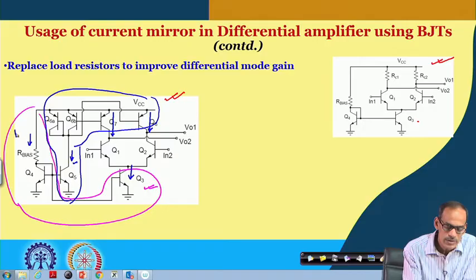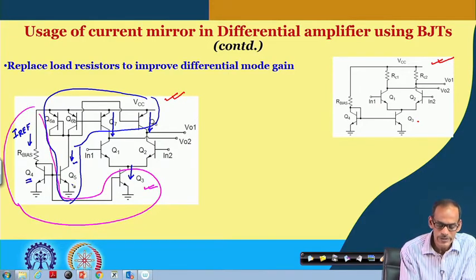Namely, similar to the previous case, if I say this is I ref, assuming transistor 4 and transistor 5 are identical, then this current is also approximately equal to I reference.